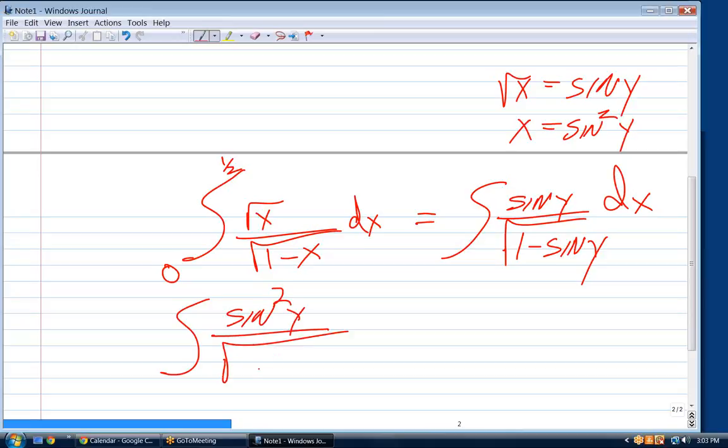I have some work written down, but I think I can figure it out from here. And the square root of 1 minus sine squared of y is cosine squared of y, and it comes down to cosine of y. Yes, that's what you got.